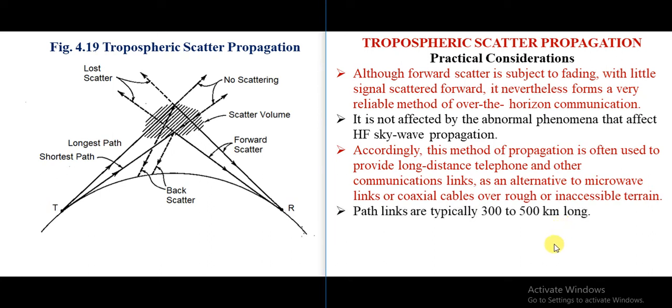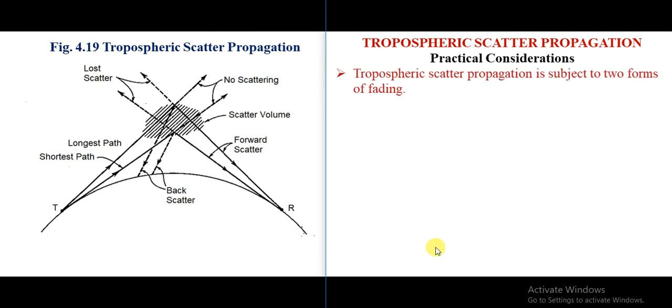The path distance can be as long as 300 to 500 kilometers. So it's a huge path. This tropospheric scatter propagation, as we have discussed earlier, is subjected to fading.